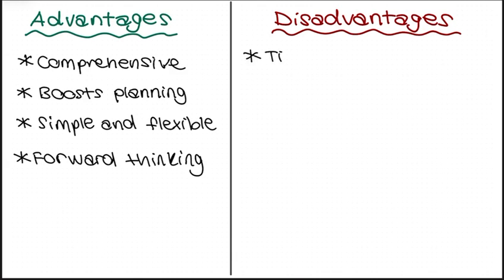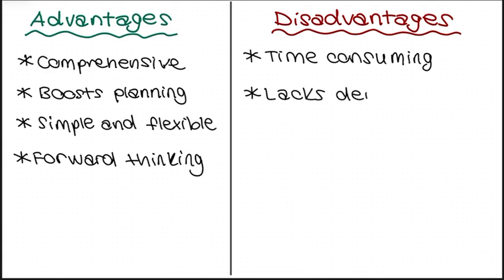And the disadvantages of using it is that it is time consuming. Researching 7 areas takes effort, and small business owners may get stuck in between the steps and never finish the analysis completely. And it also lacks depth on specifics. It is very broad, so it may not go into specifics, and it keeps it shallow.